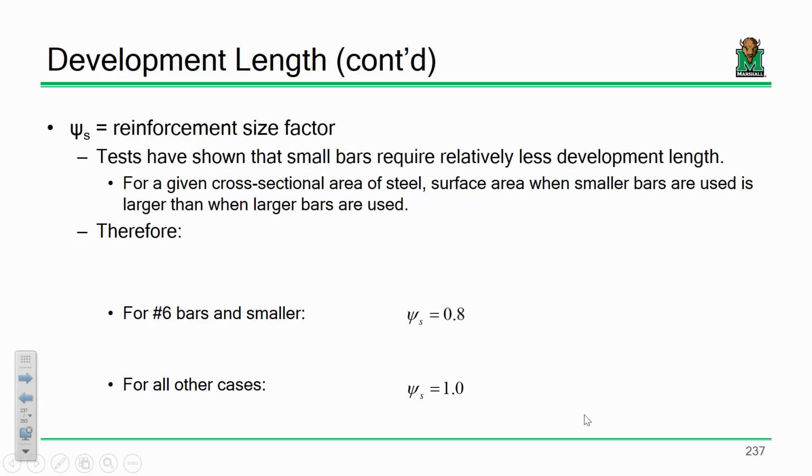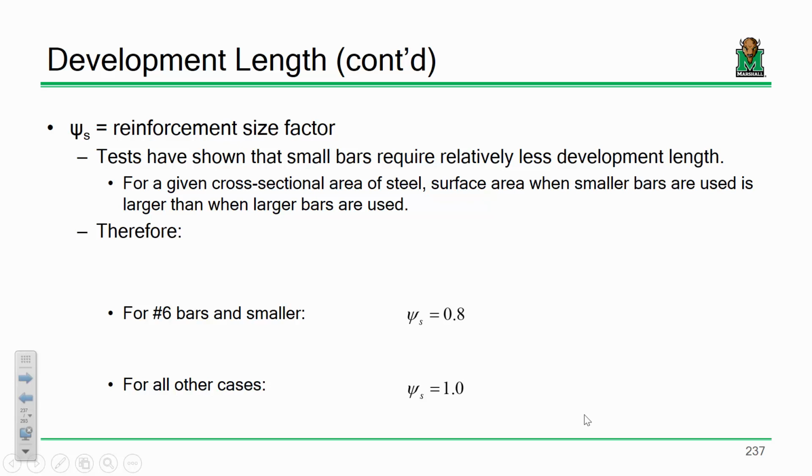Now, up until now, I've been saying that if you had the same area, what should you do? Say it again? Use the one that has fewer bars, because that's less handling for the contractor and for the construction workers and whatnot. Fewer bars means less handling. But there actually is a benefit to using more tiny bars.